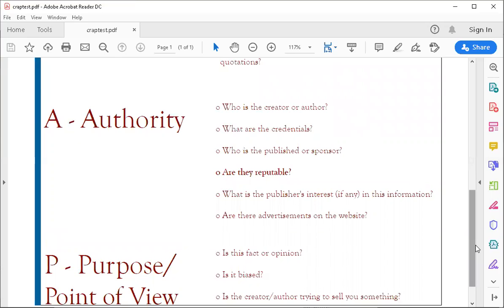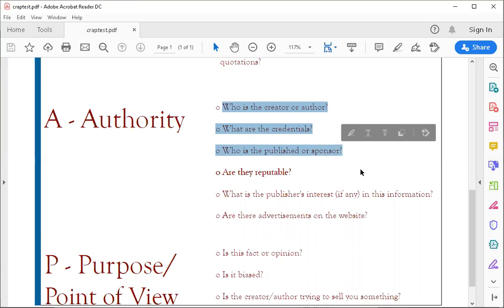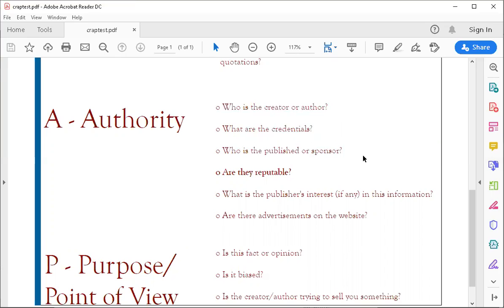For the area of authority, there are three main sections of questions. The first section asks, who is the creator or author, what are the credentials, and who is the publisher or sponsor. When dealing with a specific author, we want to look into their background.